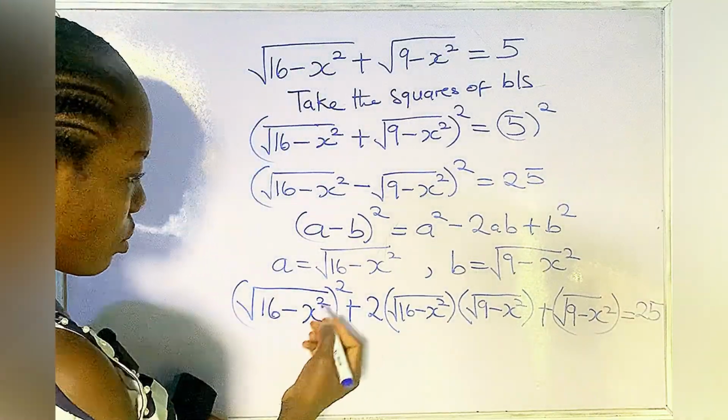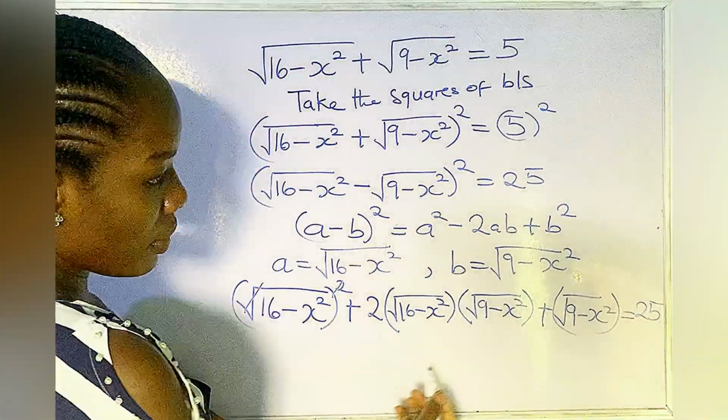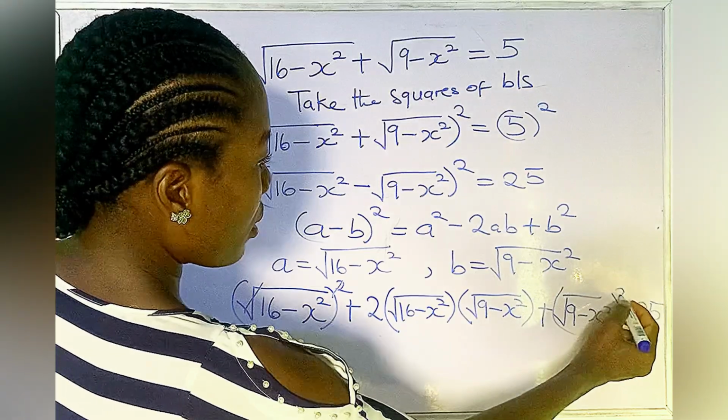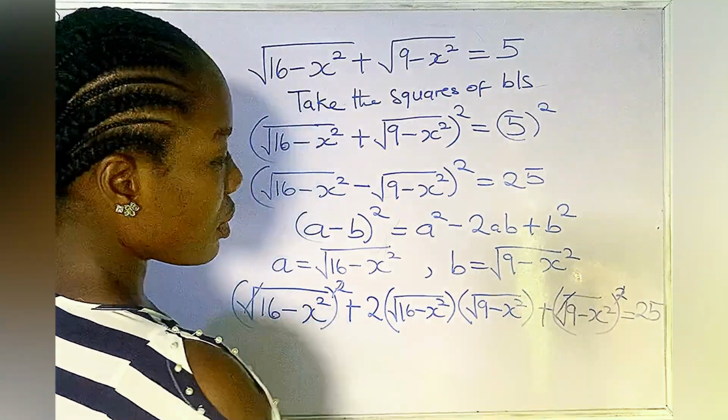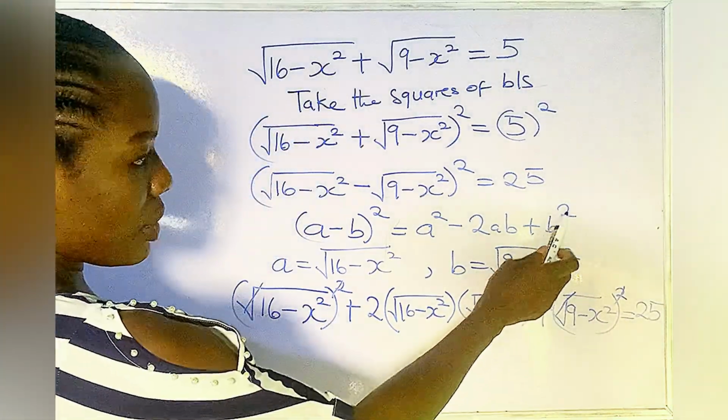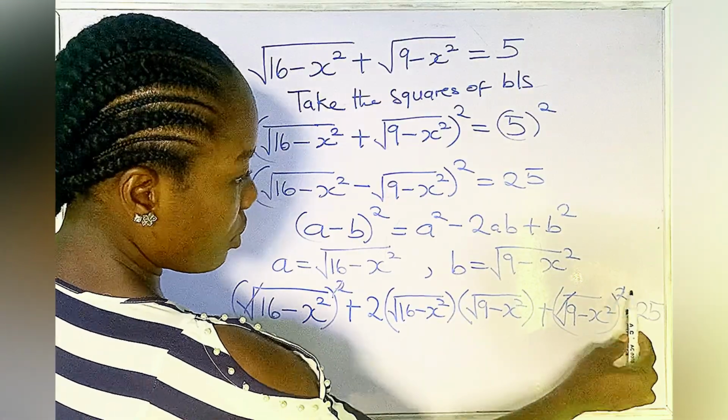All right, so the square cancels the square root, because we have b squared.